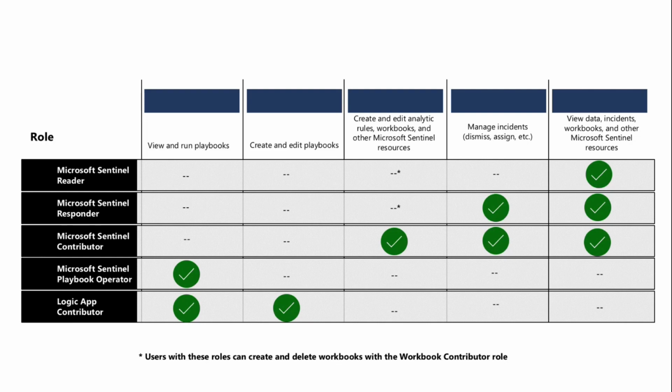But you don't have to have Sentinel Contributor for all of your SOC analysts. Depending on if they only need to manage incidents, then you can just go with Responder. They can view data, and they can actually manage incidents too. And of course, there's one that just allows them to view data and workbooks.